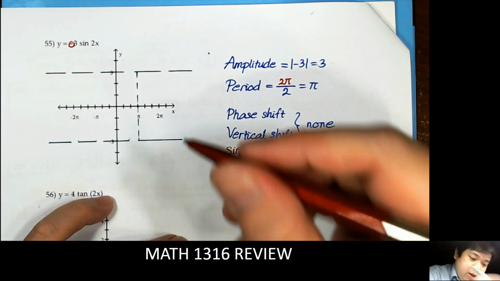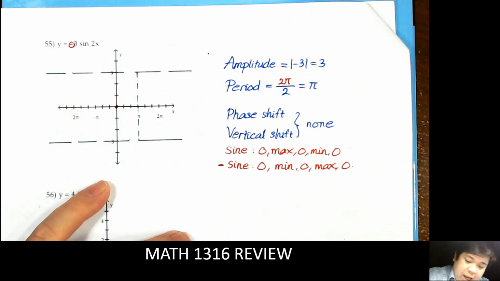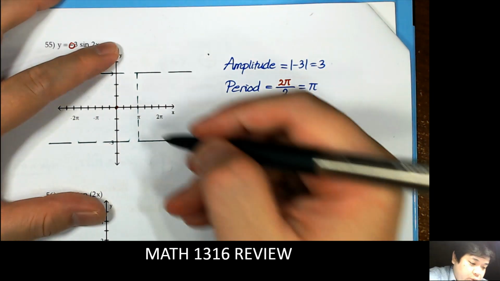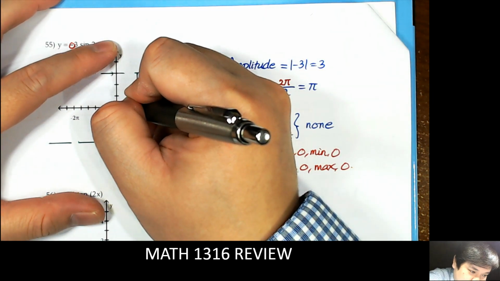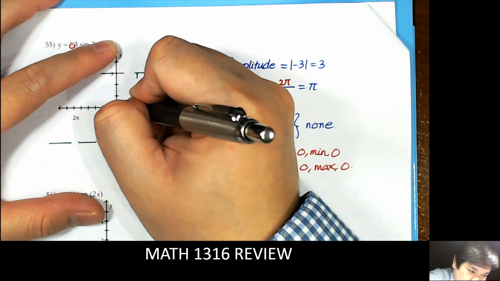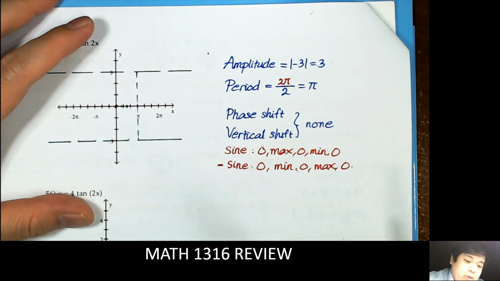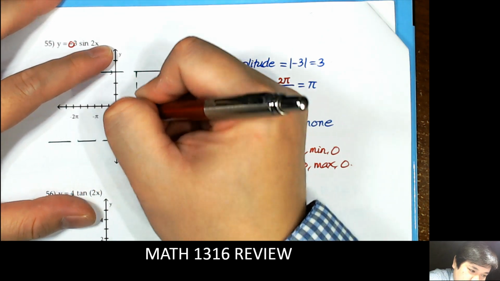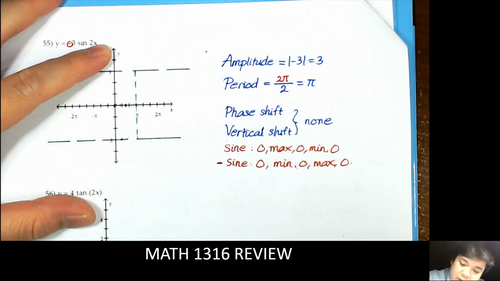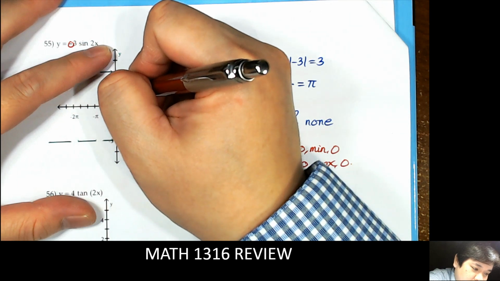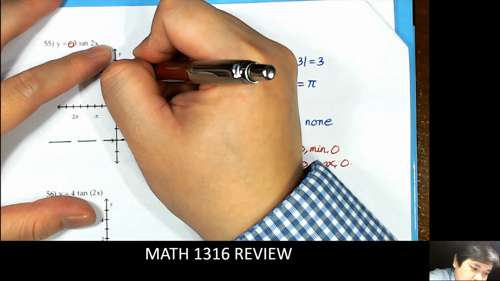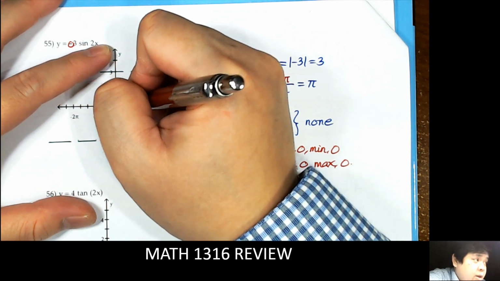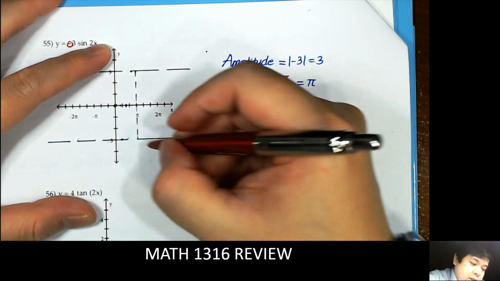So we start from 0, and up here we have to divide into 4 equal pieces. Cut it into 4 equal segments, and we go from 0 to minimum, looks like here, back to 0, and then maximum, and down to 0.